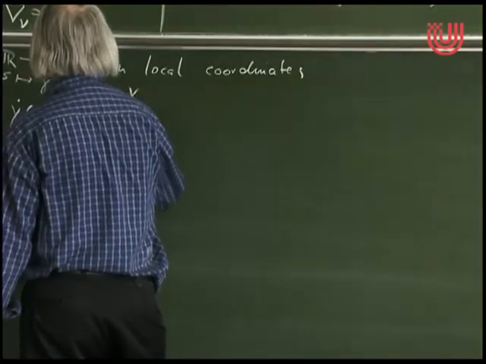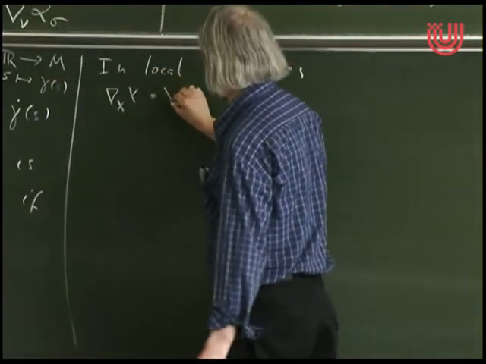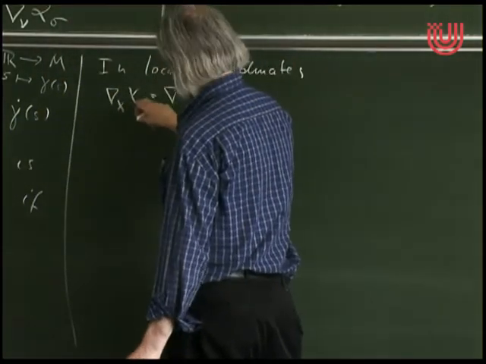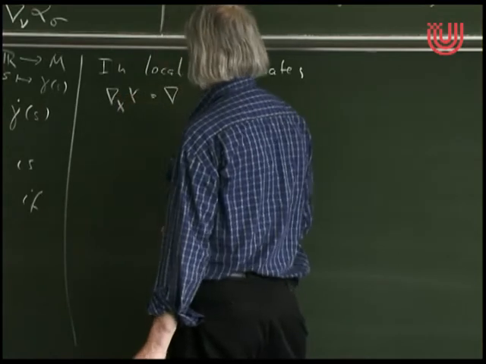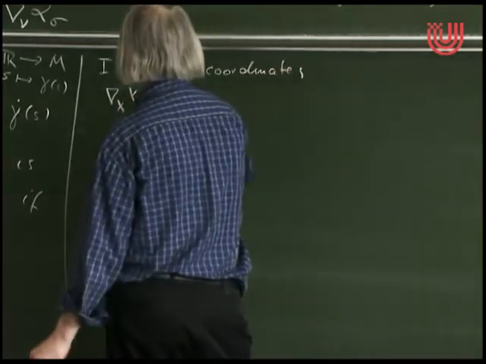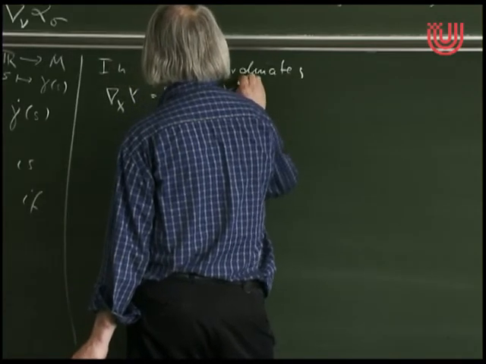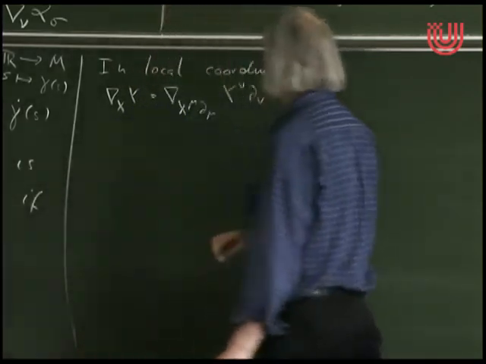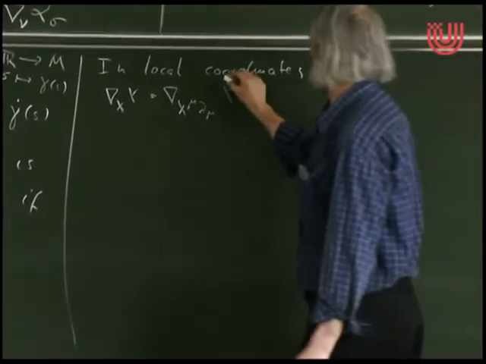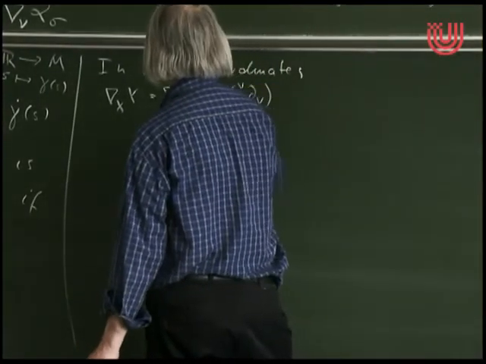So I would write this by expanding both vector fields in terms of basis vectors. So that's x^mu d_mu, and say y^nu d_nu. Just to be on the safe side, let's put brackets here.